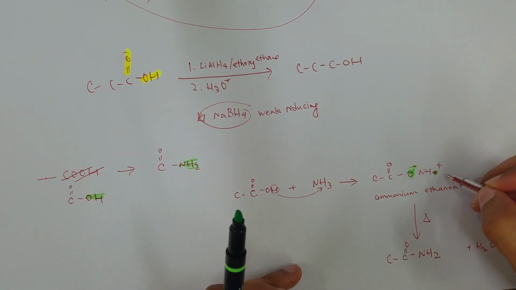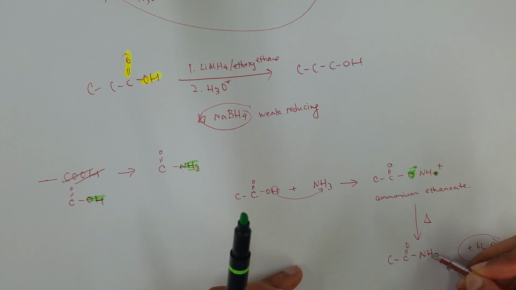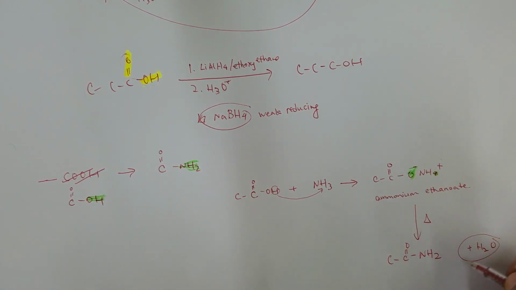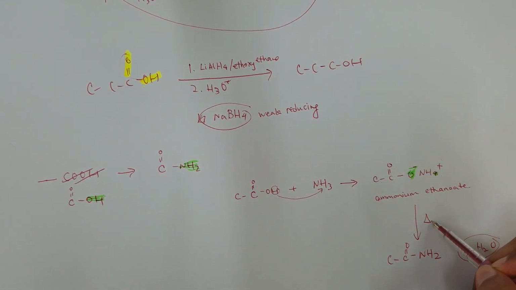So 2 of the H and O combine to give out water. So NH2 left will combine with this main chain to form amide. So therefore, we'll form an amide. Because this salt contains a lot of water, the reason why we heat it up is because we want to dehydrate this to get amide only.